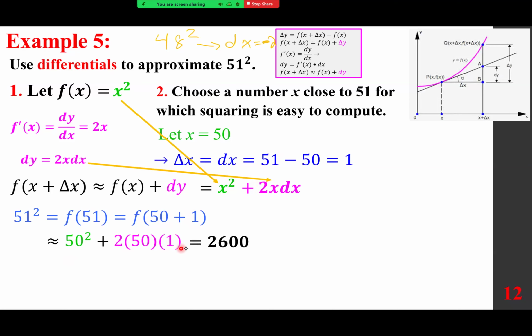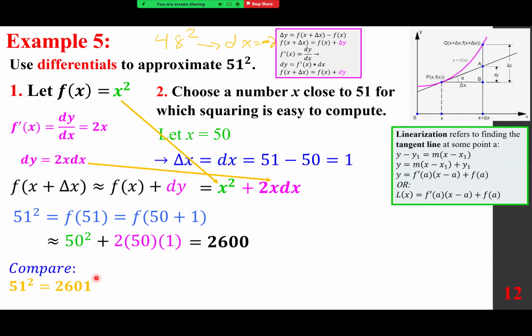And as I mentioned, the precise answer was 2,601. As you can see, they're extremely close. And the reason is because delta x or dx is fairly small in comparison to the choice of x. So 1 is much smaller than 50. Therefore, this approximation works fine.